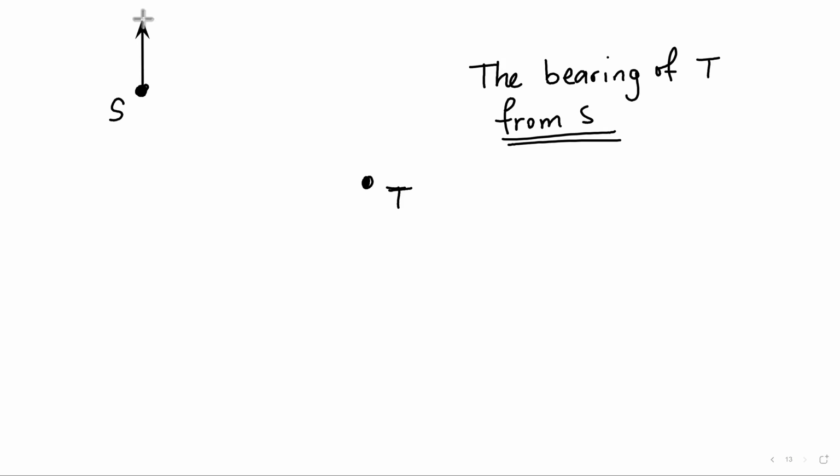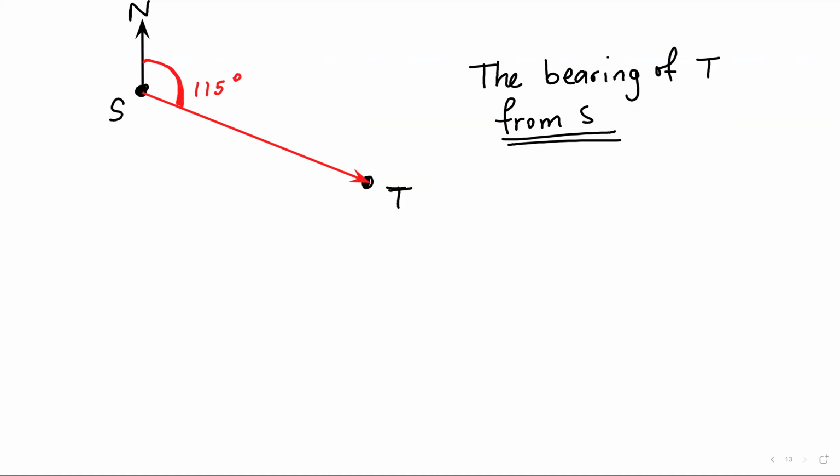You start at the north line and go towards T like this, so it's the clockwise angle. This is the bearing of T from S. It's just above 90 degrees, so this could probably be about 115 degrees.